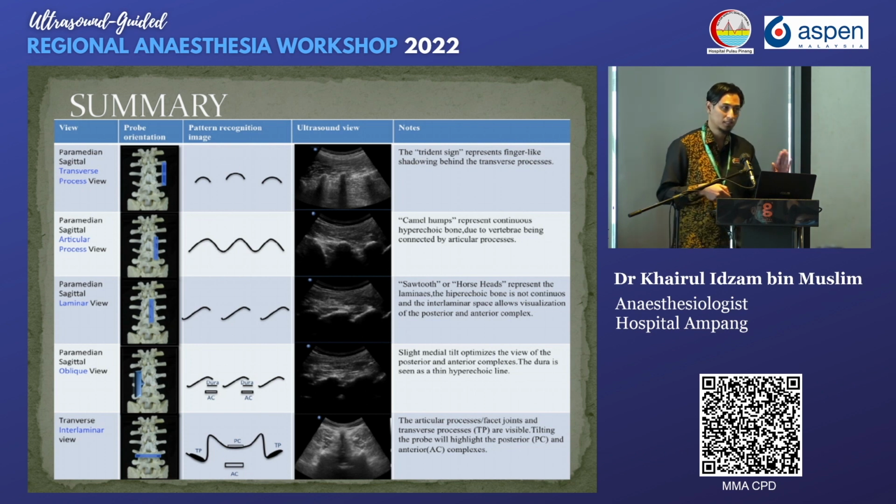From here, we can tilt our transducer to get the oblique view. Here we can see the posterior complex and anterior complex. Once we identify the structures, we turn our transducer 90 degrees to get the spinous posterior view or the interlaminar view to identify the posterior complex and anterior complex.